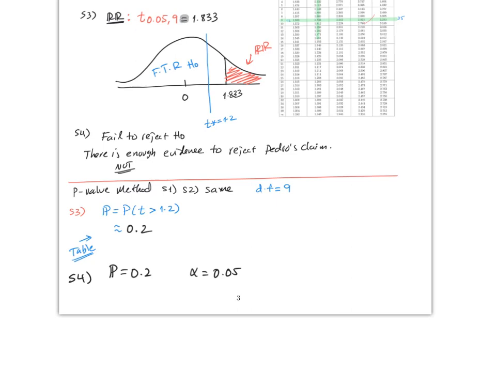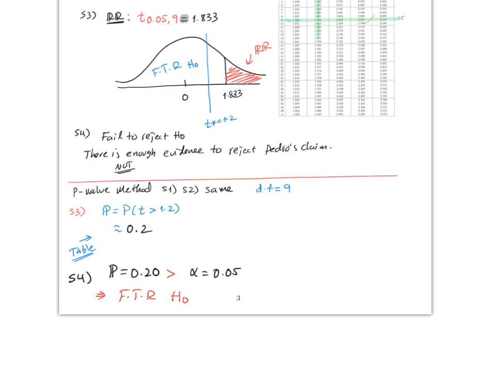I told you to make sure you have the same number of digits. This one only has 1, while this one has 2. So I just add a 0 there, so that's 0.20. Clearly 20 is bigger than 5, so this means fail to reject H0.